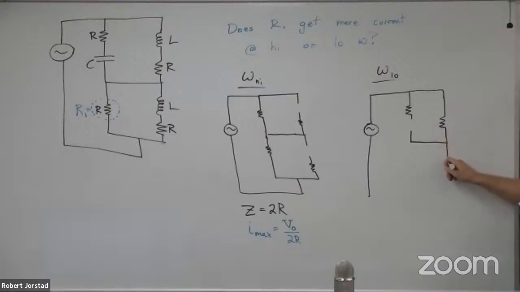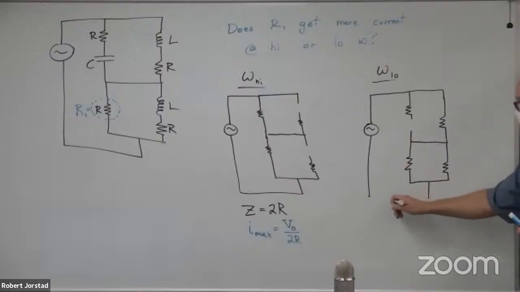So that means this is a short. What's your gut tell you? I still don't know. Do you think it's going to get more or less? It's not obvious, is it?